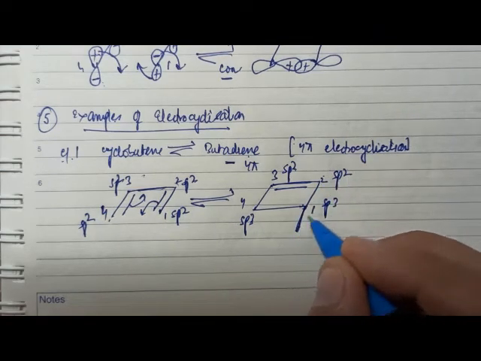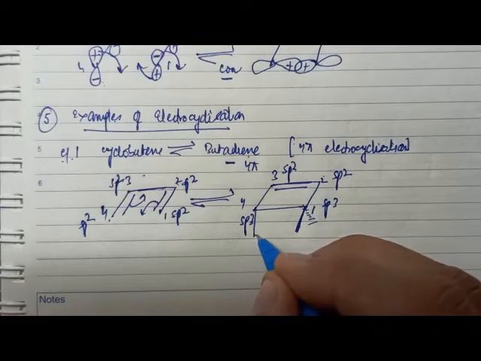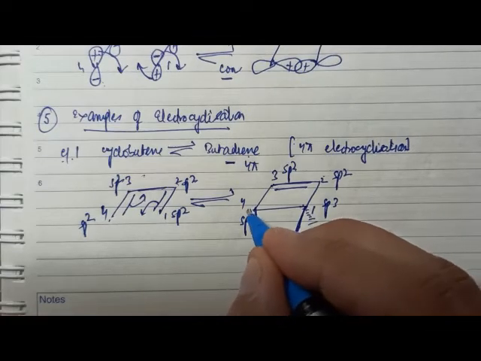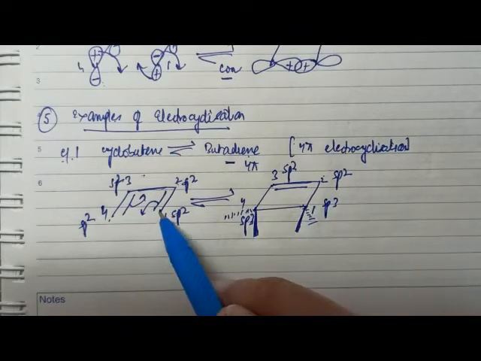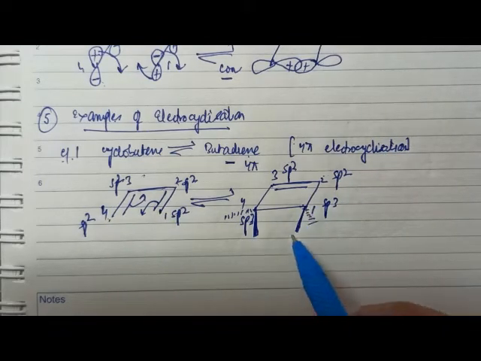That means 2 groups should be in plane, 1 group above the plane, and another group below the plane. Therefore, if I have different substituents on 1 and 4, which substituent will go above the plane and which will go below the plane is a matter of consideration which we need to follow in the electrocyclic reactions. I'll repeat what I'm saying.